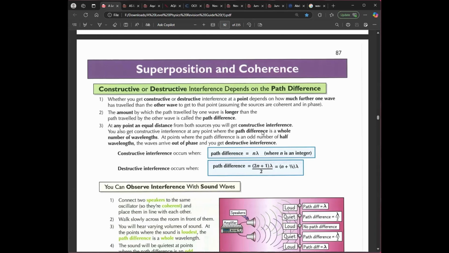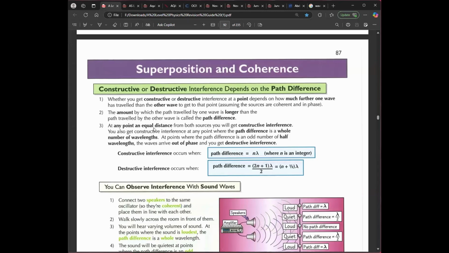So constructive interference can happen when the path difference is zero, when they are both traveling like this, or when one starts away from the other. Still, if the crest of that falls on the crest of the other, which means that it has a path difference of maybe one lambda or two lambda or three lambda, it will still be a constructive interference.